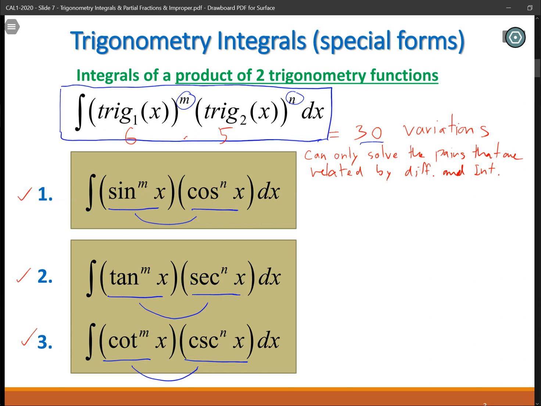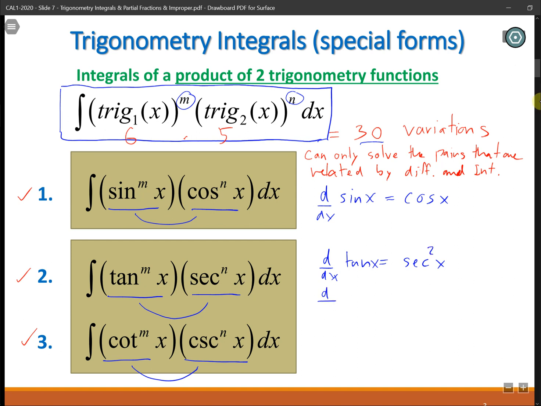So once again, let's put the relationships between trig 1 and trig 2 here. Differentiation of sine equals cosine, and there you go. You have this relation between sine and cosine in terms of differentiation and integration. Now you differentiate tan, you get secant x squared.